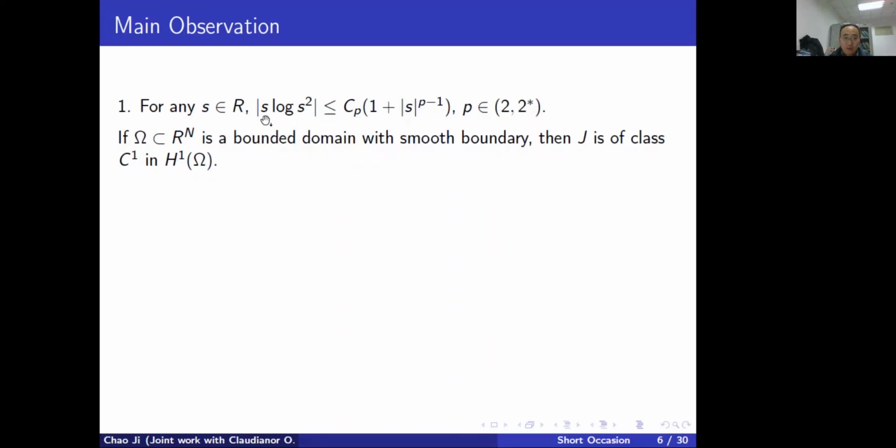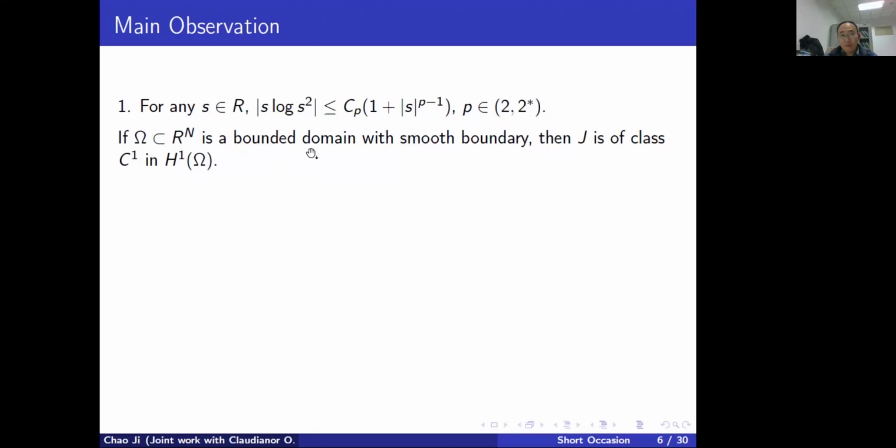If s is big, we have this, which is less than or equal to c times this. I don't know if you understand me. This is a subcritical growth condition.